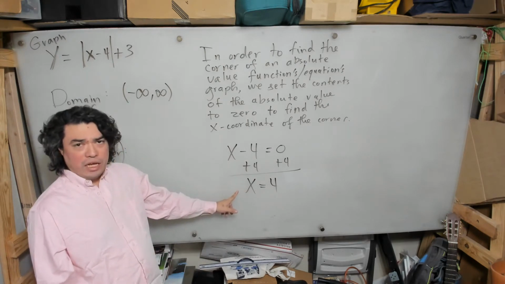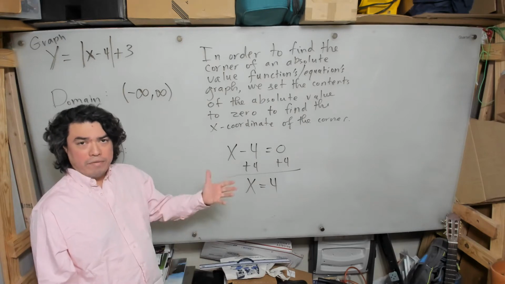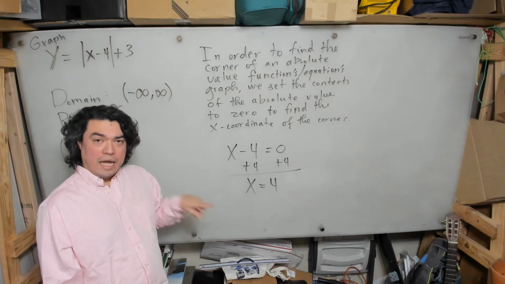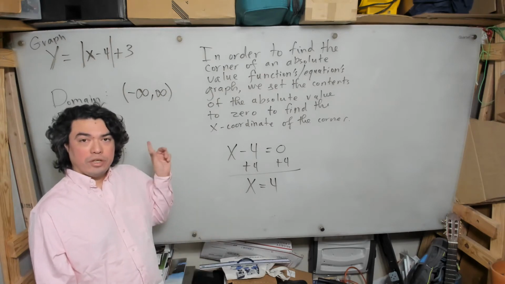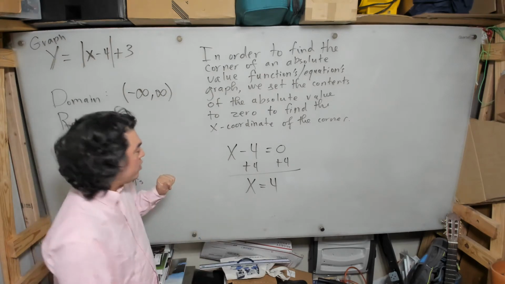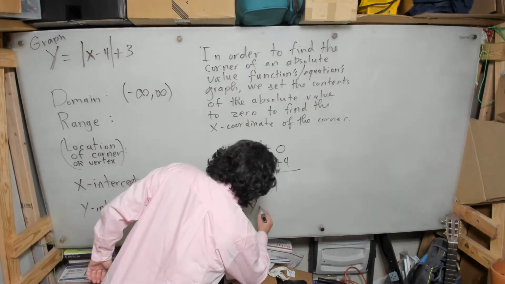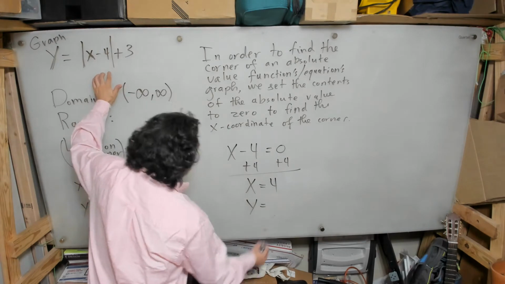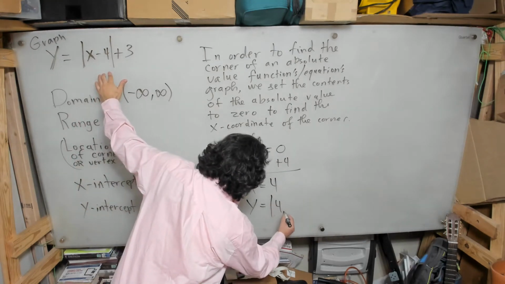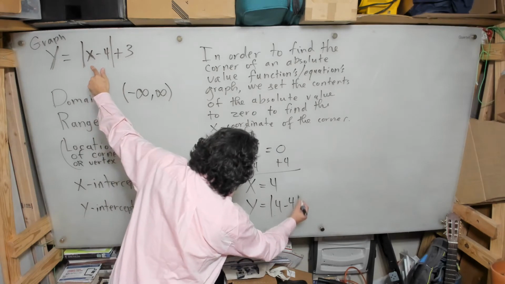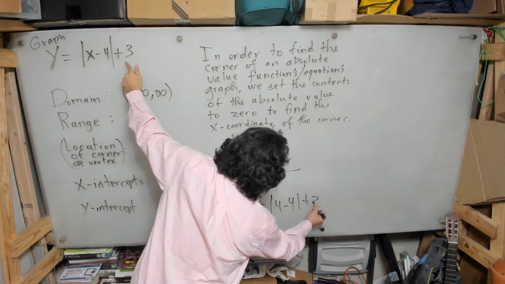Now, as with any other point on a graph, how do we get the y coordinate of the point? For any x coordinate, we insert it into the equation to get the y coordinate. So I'm going to calculate that here. The y coordinate for this point will be the absolute value of 4, notice how I'm inserting this 4 for the x, minus 4, plus 3.